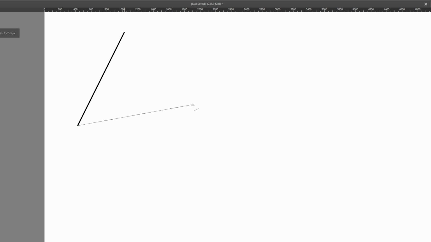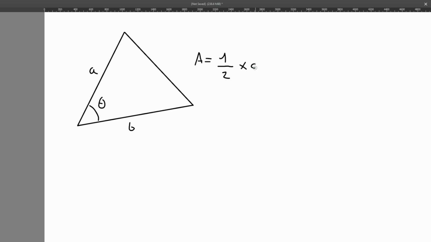So in a triangle, if we have this angle be theta, and let's say these sides are A and B, we know that the area of the triangle is going to be equal to 1/2 times A times B times the sine of theta. So the area of the triangle is this.